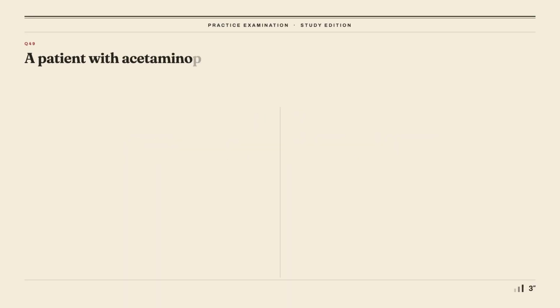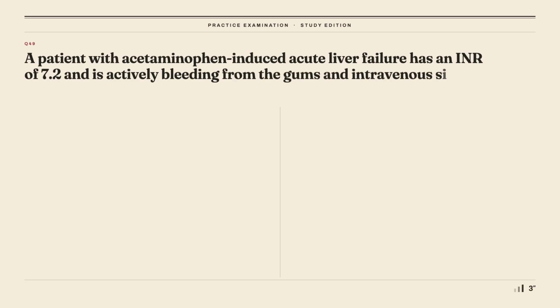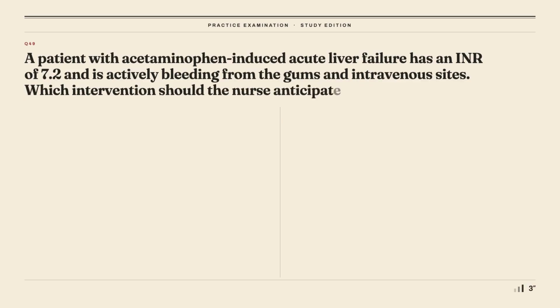Question 49. A patient with acetaminophen-induced acute liver failure has an INR of 7.2 and is actively bleeding from the gums and intravenous sites. Which intervention should the nurse anticipate first? Your options are A. Fresh frozen plasma because it supplies clotting factors immediately.